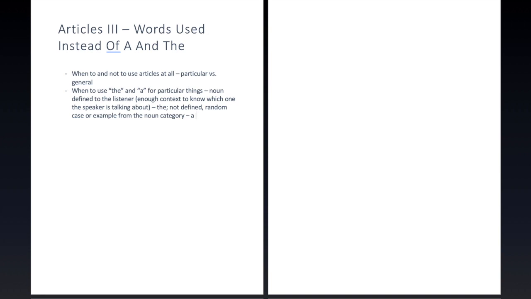All right. So this time, we're going to see that there are other words that we can use instead of a and instead of the. And these words are going to have the exact same kind of meaning.